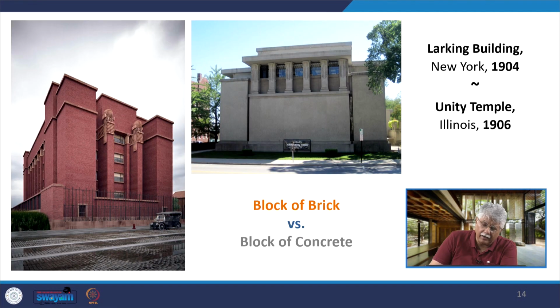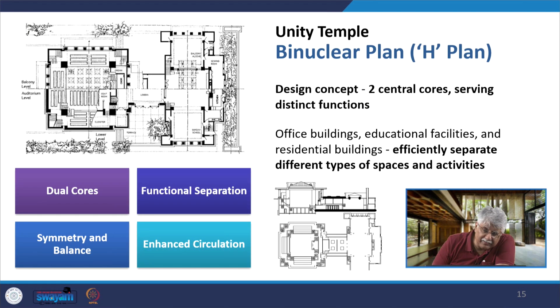Now if you compare the two buildings, the Larkin and the Unity Temple, very close to each other within a span of 2 years time, the Larkin Building was a block of brick, and Unity Temple turned out to be a block of concrete. More and more we find after this that Wright will start moving towards the use of concrete. Now the Unity Temple is said to be a binuclear or an H plan.